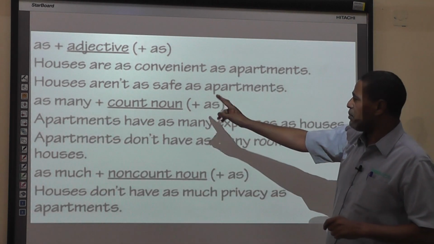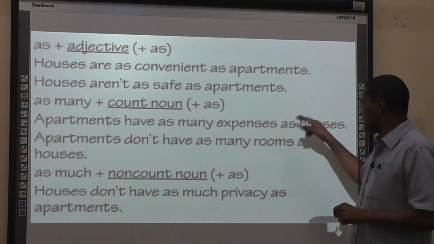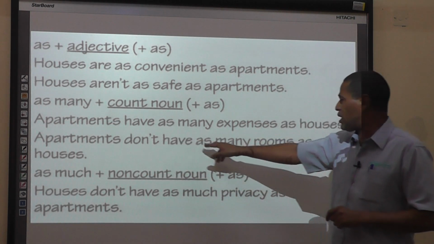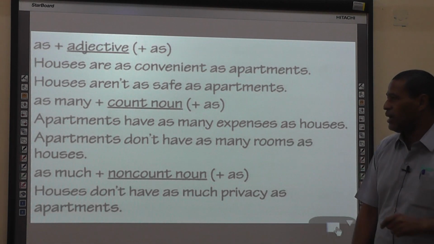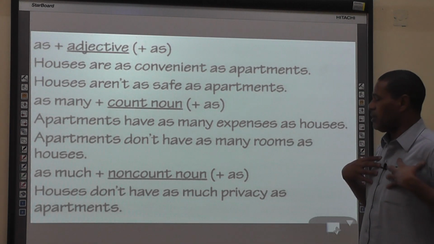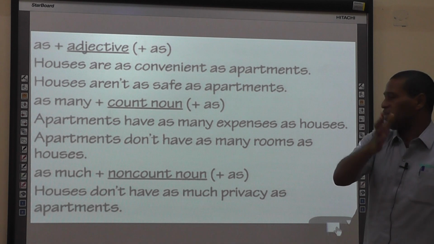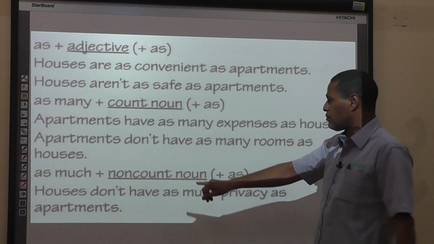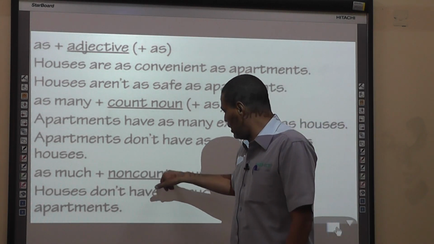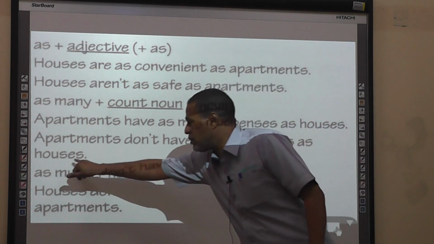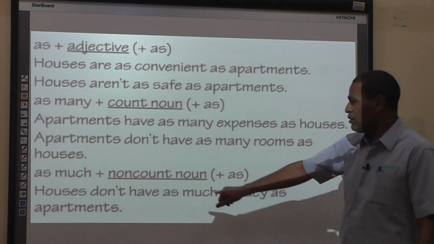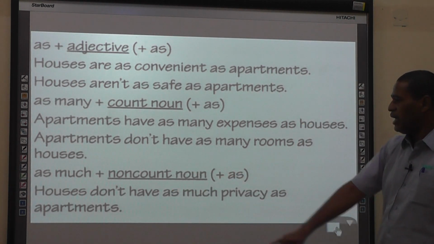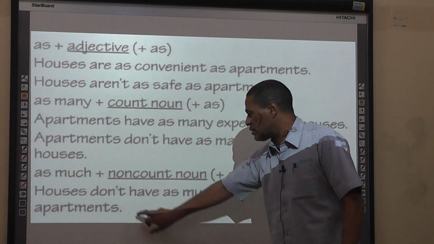So we say apartments have as many expenses as houses, or apartments don't have as many rooms as houses. My apartment has as many bedrooms as yours, for example. If we have a non-count noun, we use much before it. So houses do not have as much privacy as apartments.